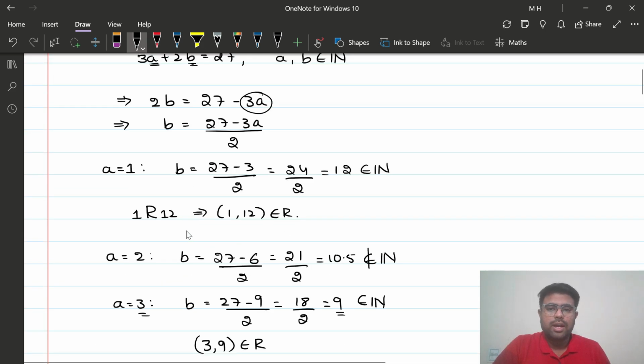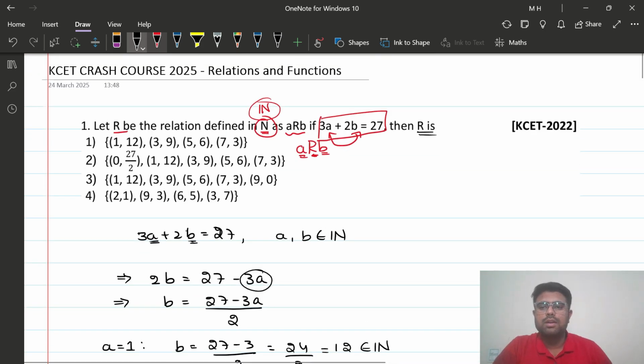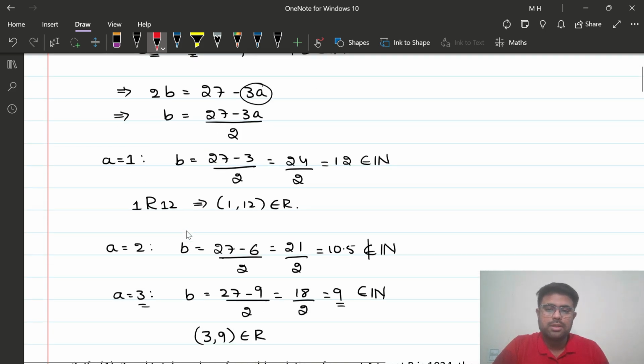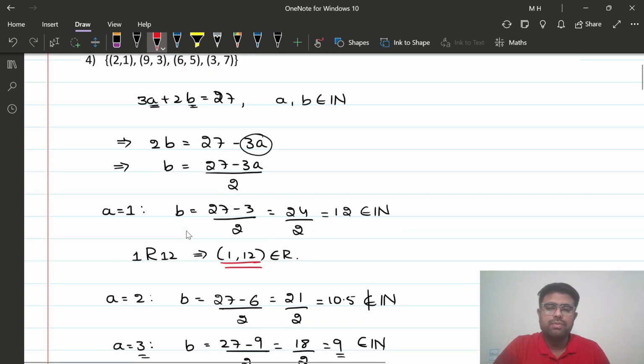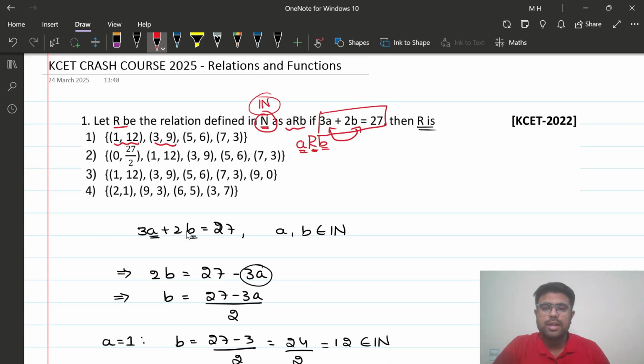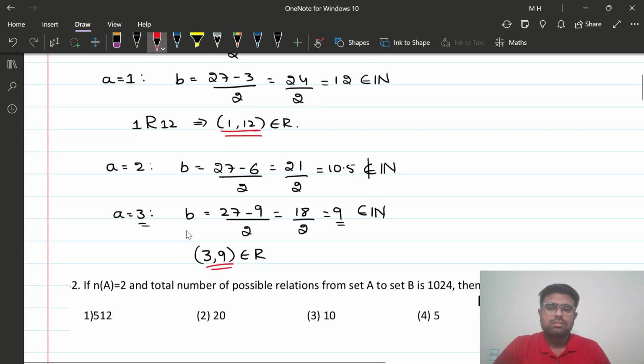At this point, you can see 1 comma 12 and 3 comma 9 is what I have got. We'll see if this is the only relation. Yes, 1 comma 12, 3 comma 9, but there are others also. As you can see, this and this are almost similar except one ordered pair. Let's see.